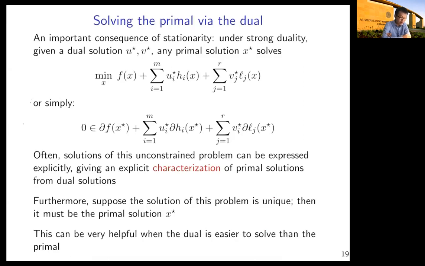Often the solution of this problem gives a very explicit characterization of the set of optimal solutions. If we can directly solve this equation, we can obtain the primal optimal solution x* and the dual optimal solution u*, very much like the equality constrained quadratic optimization problem that we have seen before.